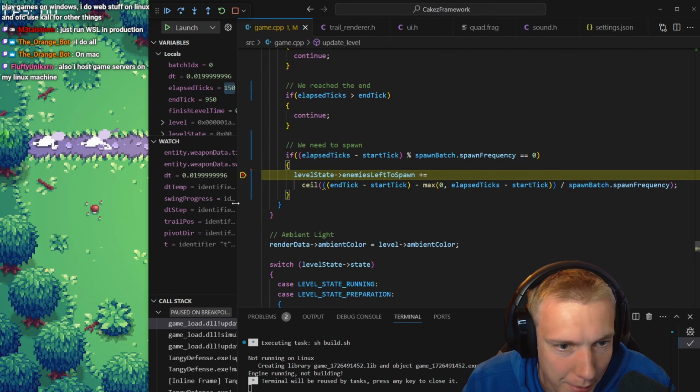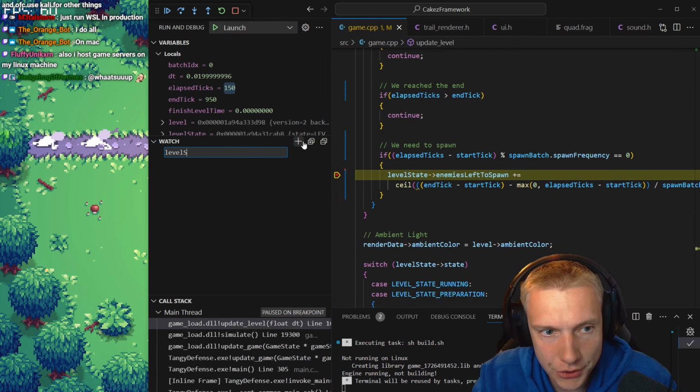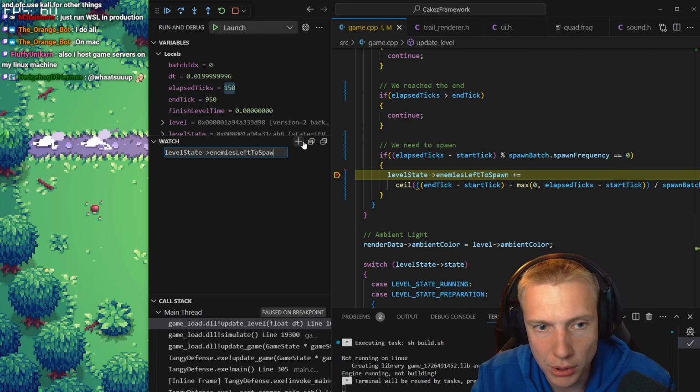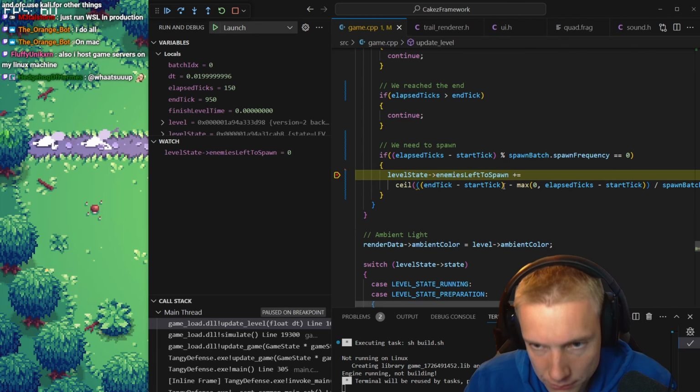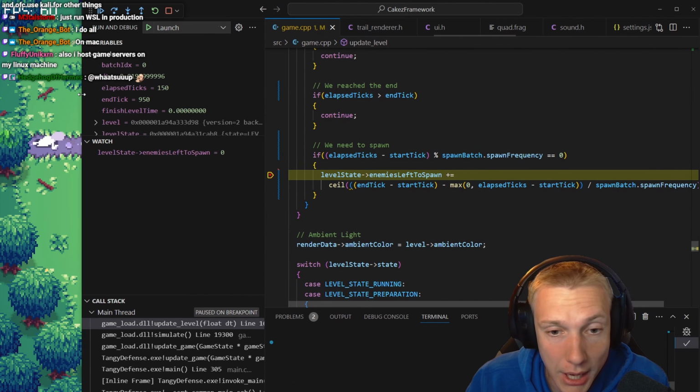Okay, we gotta debug this and then it will work. Level state, enemies left to spawn. 0. Okay, so now, how much do we get? We have spawned 3 enemies so far.